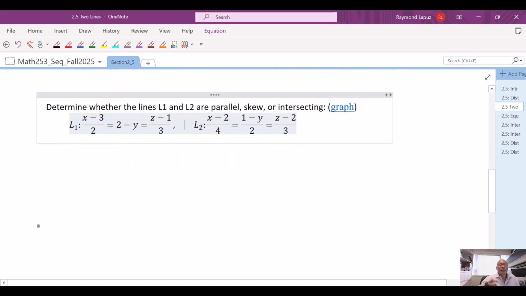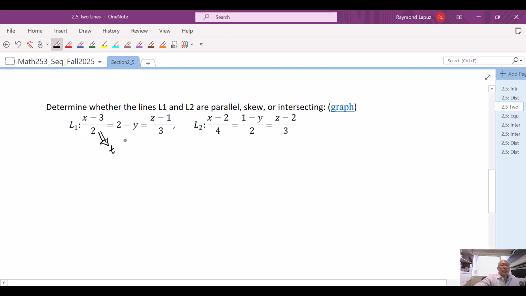So remember that to get to the symmetric form, each of these things are equal to t. So we can incorporate the t in there. We have t is equal to (x minus 3) over 2. And if we solve for x, we will get x is equal to 2t plus 3.